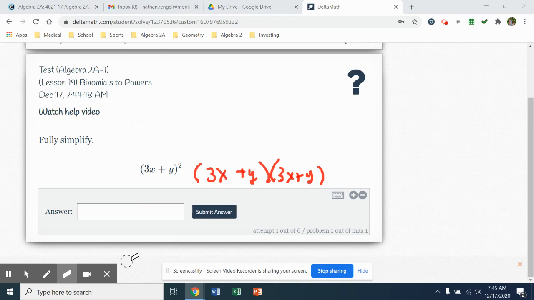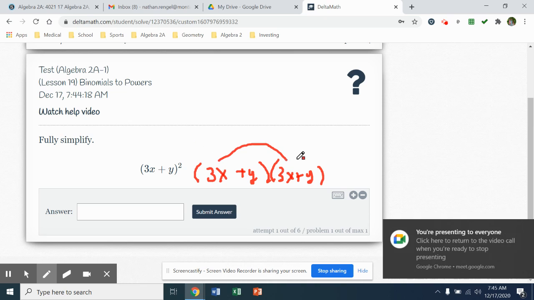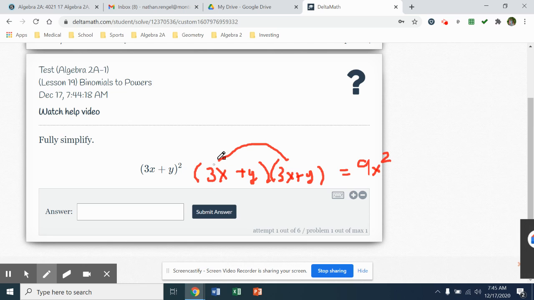From there, then, I'm going to be using FOIL. So I'm going to take 3x times 3x, which is going to equal 9x squared. Then I'm going to take my outsides, 3x times y, which is going to be another 3xy. Then I'm going to take my insides, 3x times y, which is another 3xy.